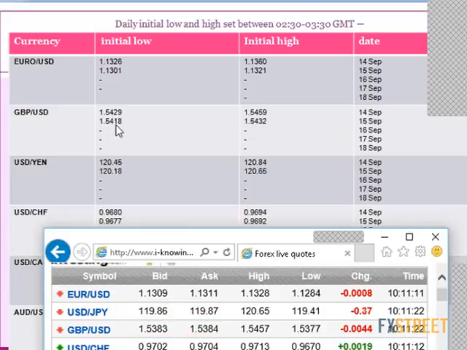If they don't come above 1.5418 in another 30 minutes, then it shows there is an intentional move on the downside.